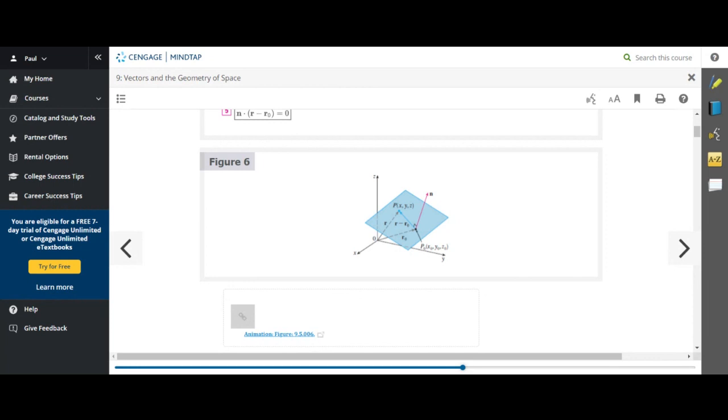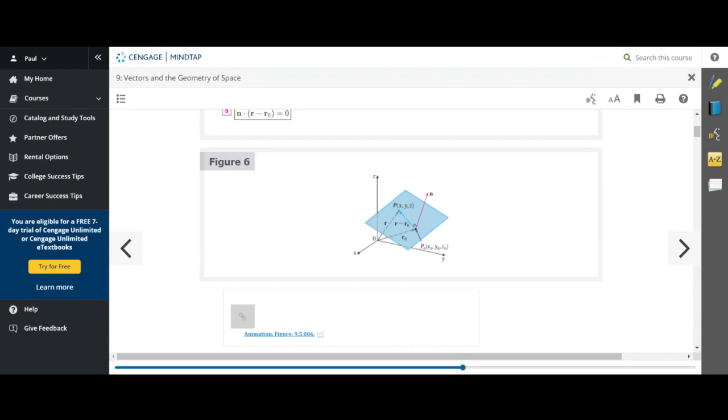So you see, if you have one point on a plane, the plane can take on a lot of different orientations and still contain that one point.